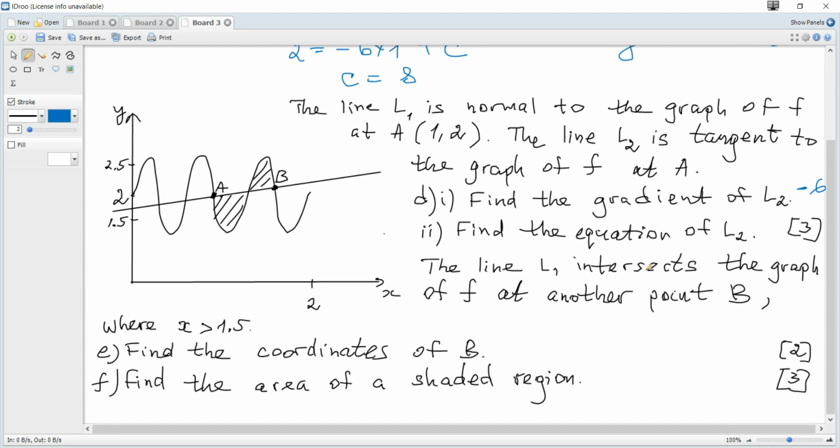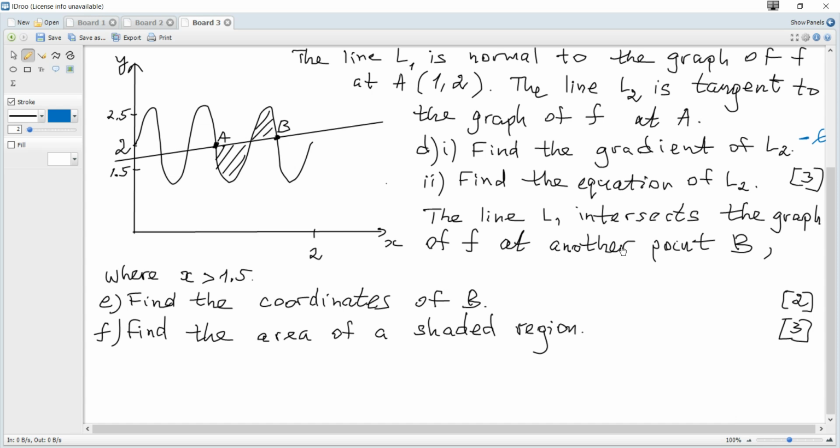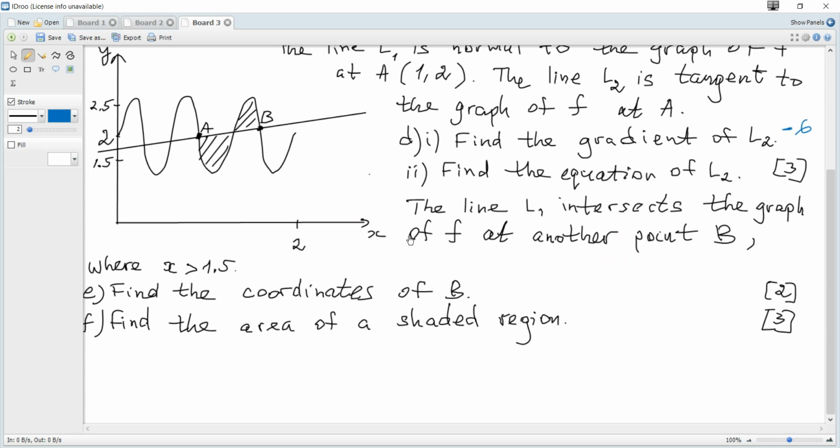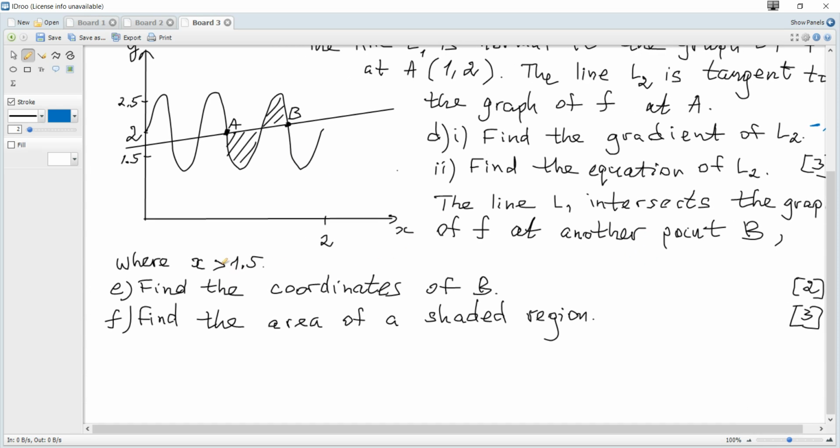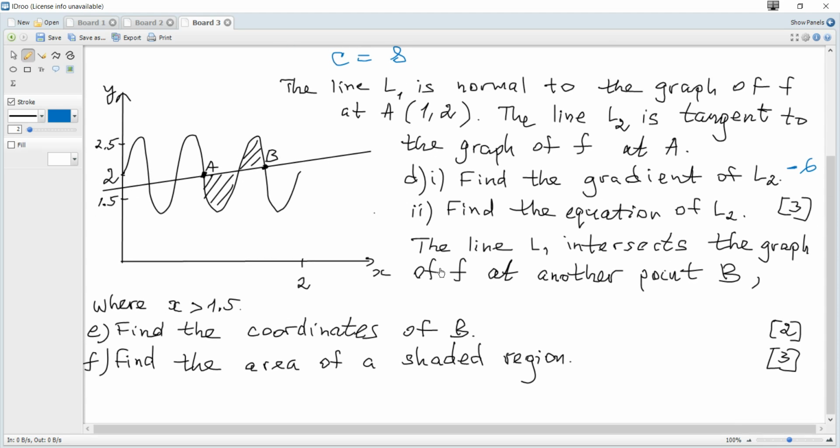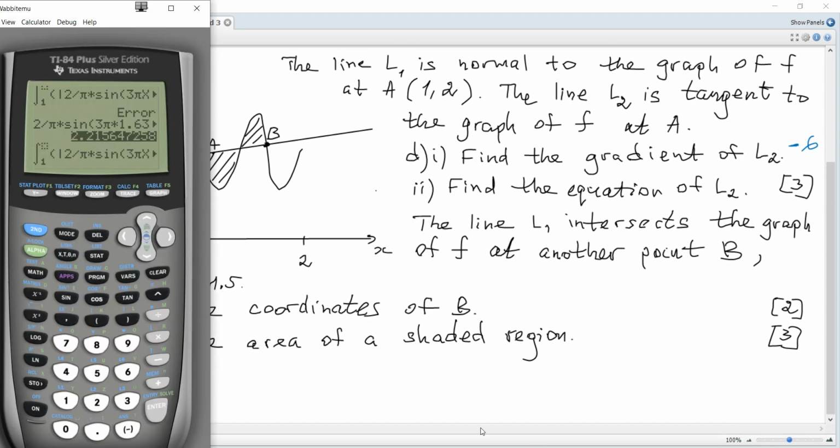Next, the line L1 intersects the graph of f at another point B with x greater than 1.5. Question E: find the coordinates of B. So just use a calculator, and first of all it must be in radian mode.